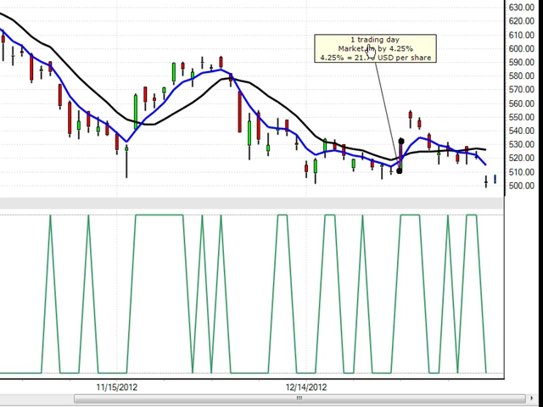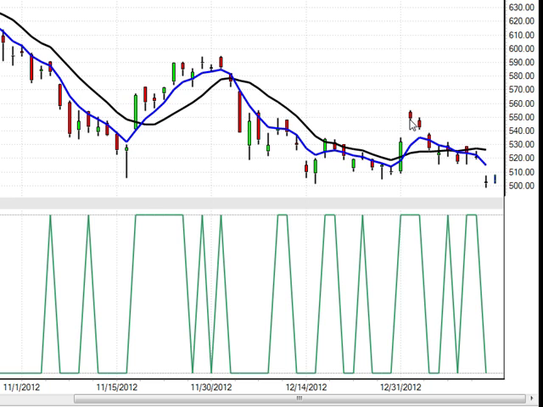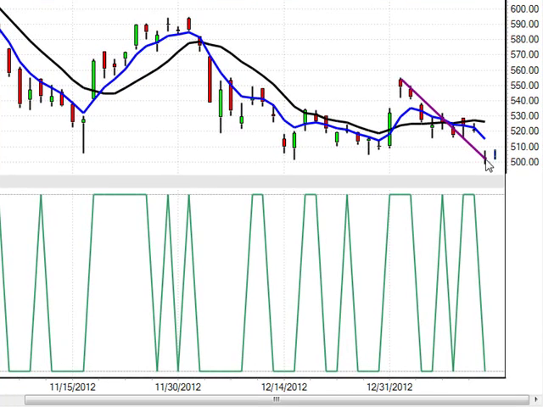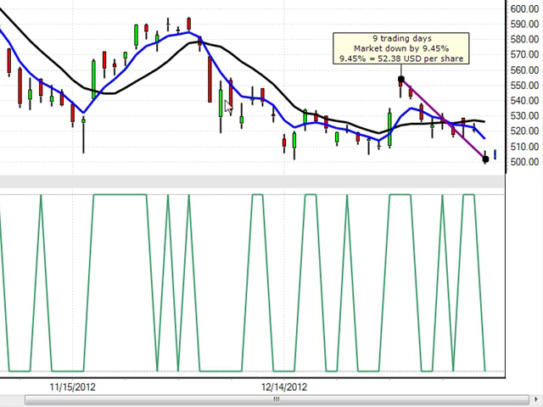It went up over 4%, about $20 per share. It then had a gap up the next day, the following day in the new year, but immediately started to drop and go back to the original trend that was already established back here when VantagePoint predicted that Apple was expected to have a strong downward underlying trend.